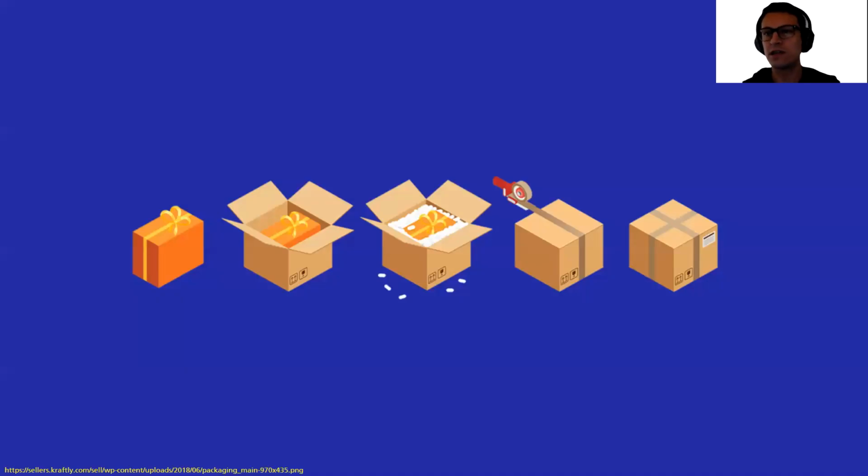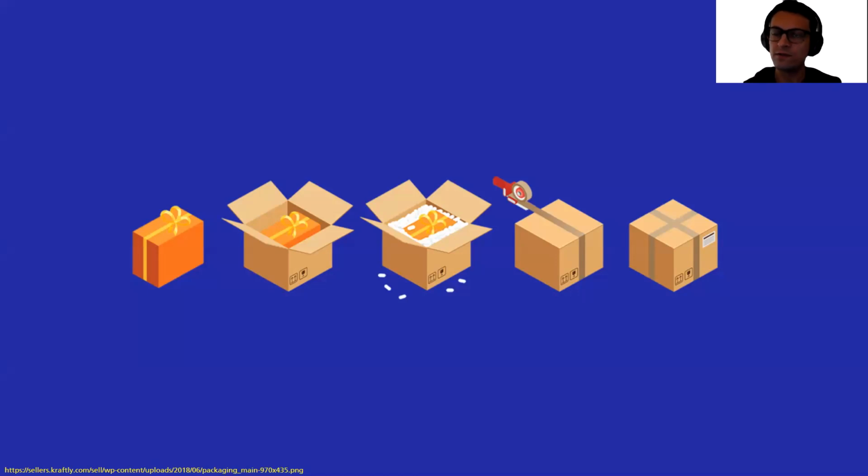So again, to sketch the idea of event data, we're going to take the example that we're owning a company that is in the business of sending Christmas presents to their clients. And the idea is that we're specifically looking at a process that's executed in our warehouse.